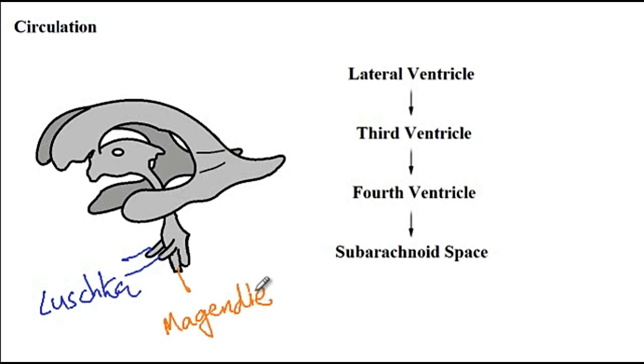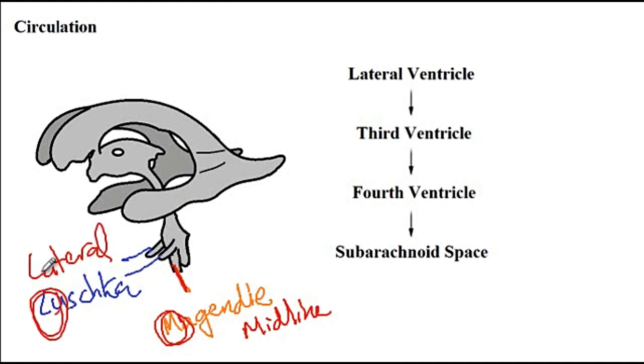And if you ever confuse which one is which, the way you can memorize it is that foramen of Magendie is in the midline, while the foramen of Luschka's, where there are two of them, are lateral. So Luschka is lateral, while foramen of Magendie, where there is only one of it, is in the midline.